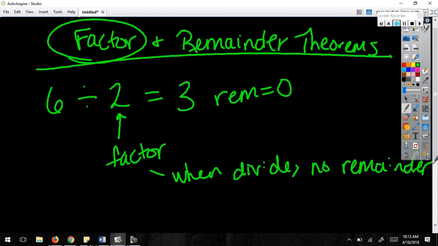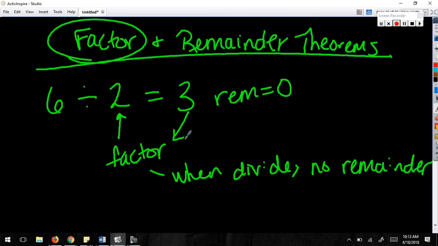So 2 is a factor of 6. 3 is also a factor of 6. When you divide by a factor, you get no remainder, you also get the other factor.